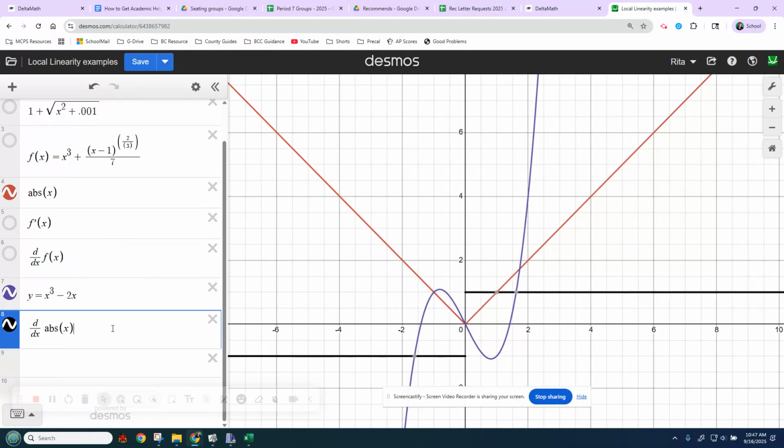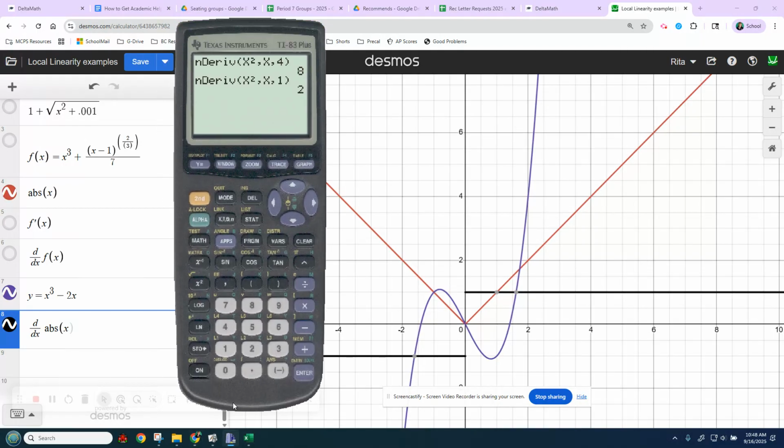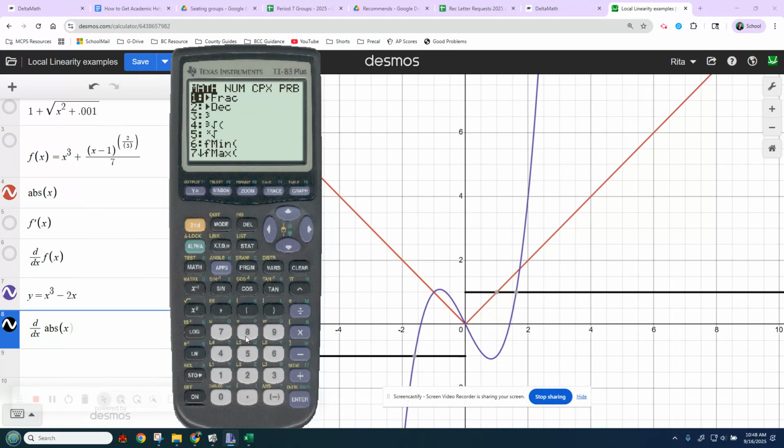Does it give you an answer or no? Where are the absolute value bars on the calculator? It's in math, NUM. So if I want to do the derivative on it, I'm going to hit the math button, go to NUM, absolute value is the top one. It gives me 0. So telling the calculator, it will do the derivative at 0.